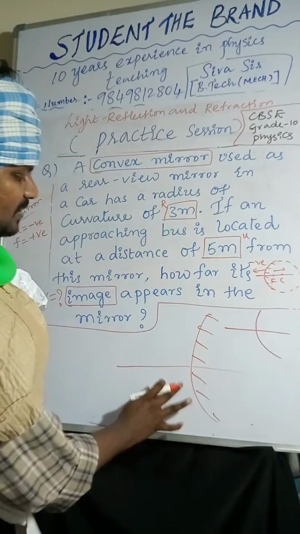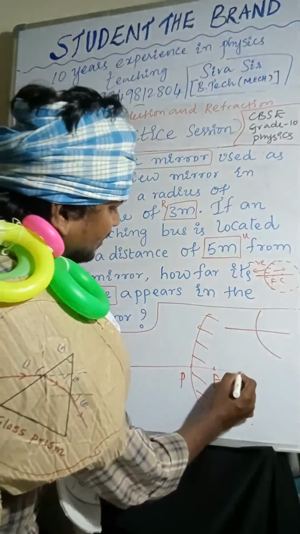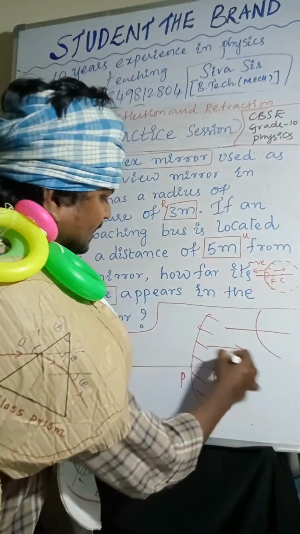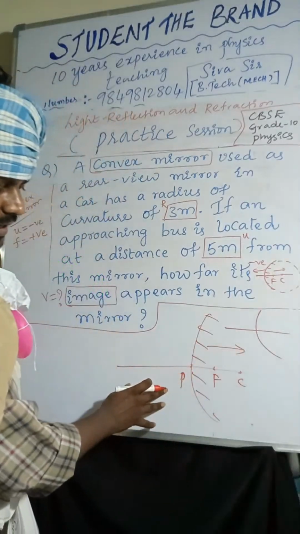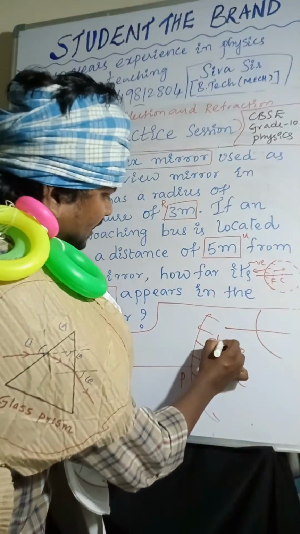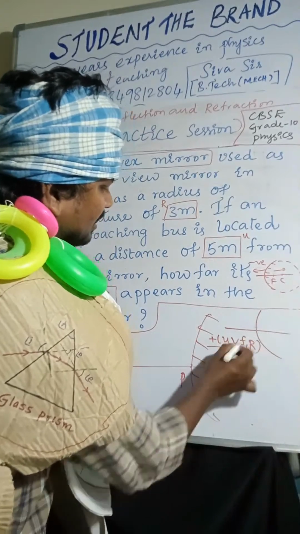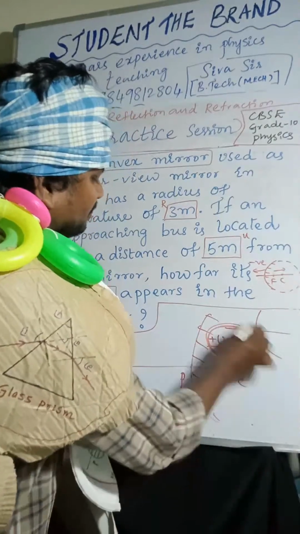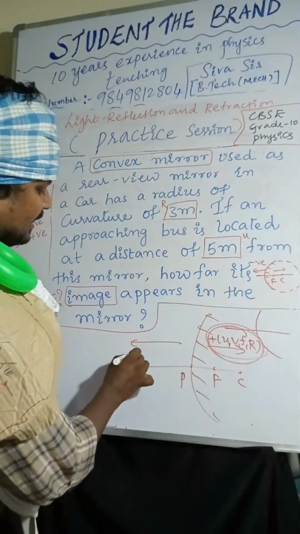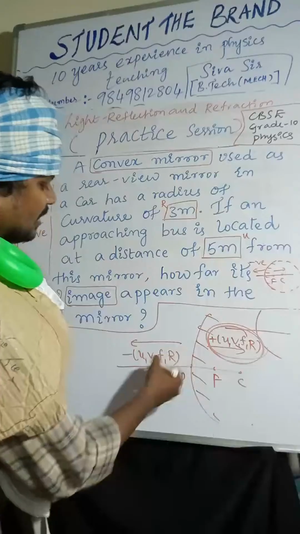This is the convex mirror with pole, focus and center of curvature. In this direction, measured from the pole along the incident rays' direction, object distance, image distance, focal length and radius of curvature are all positive. Opposite to the incident rays, they are negative.